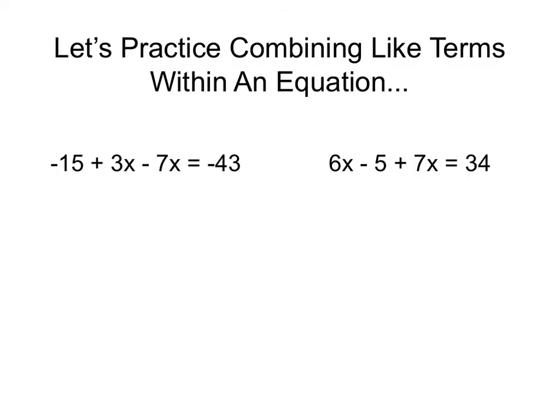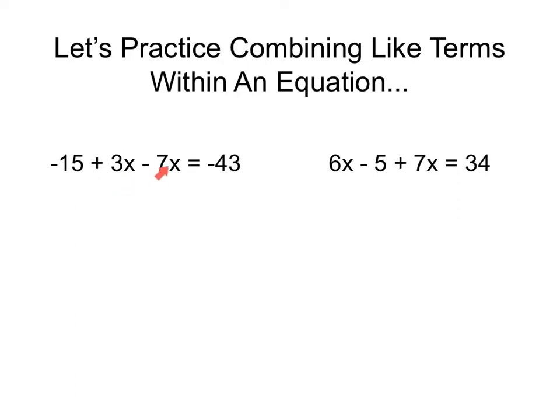All right, let's take this to the next level. We're going to combine like terms within an equation, and then we're going to solve the equation. So in my first equation, I have negative 15 plus 3x minus 7x equals negative 43. If I just look at the left side of my equation, I see that it is an expression where I have two terms that have an identical variable part.